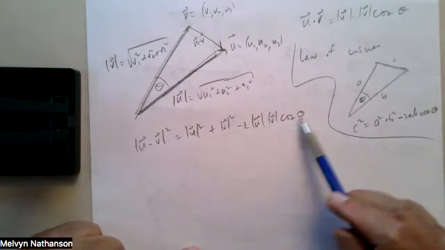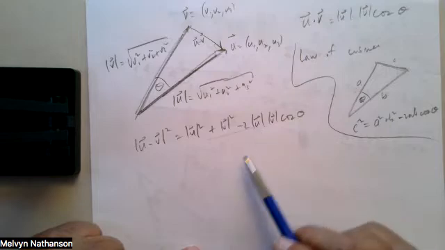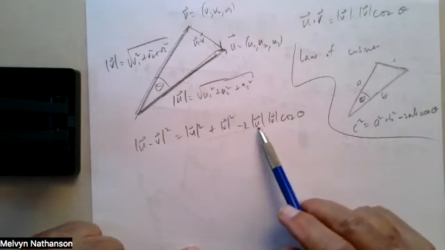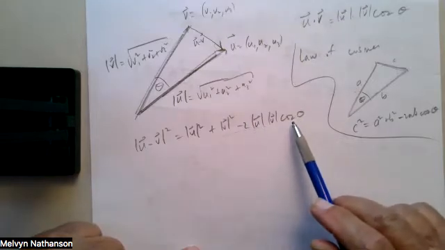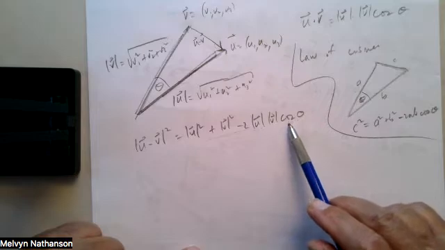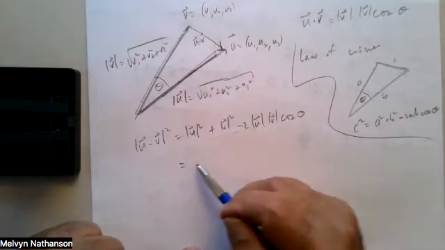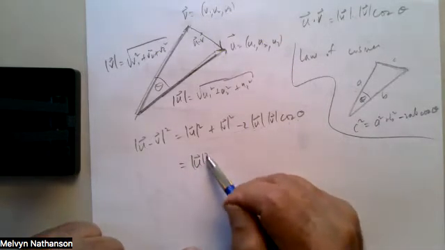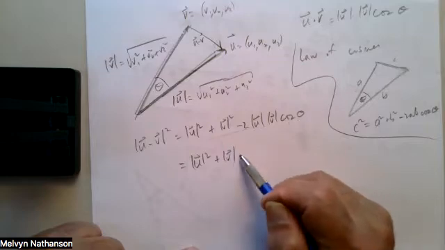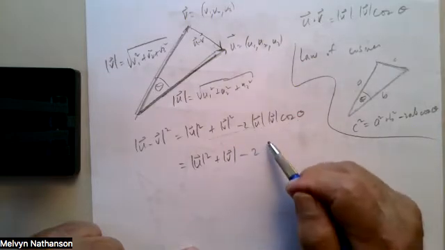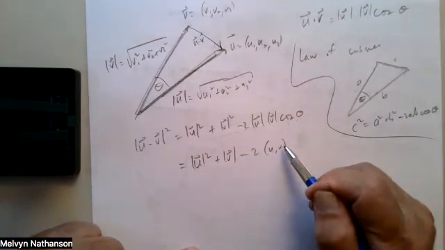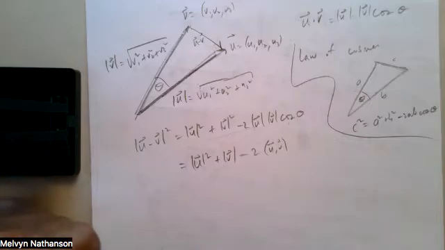But this is exactly, length of u times length of v times cosine theta, that's exactly the dot product of u and v. So I can write this as the length of u squared plus the length of v squared minus 2 times the dot product of the vectors u and v.